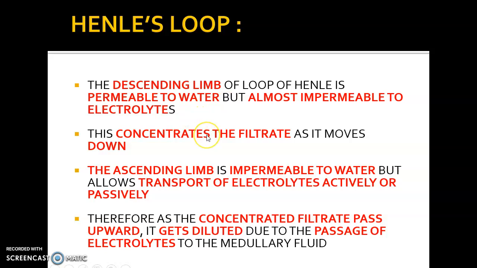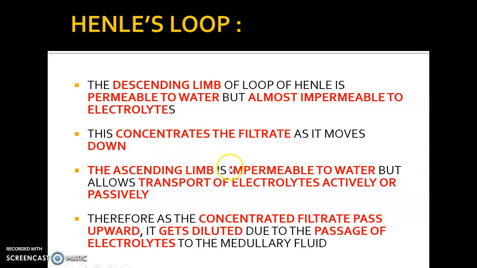This concentrates the filtrate as it moves down. Because the water is being lost from the filtrate, the overall concentration of the filtrate increases, right? Because the salt cannot escape the descending limb, but it is permeable to water.